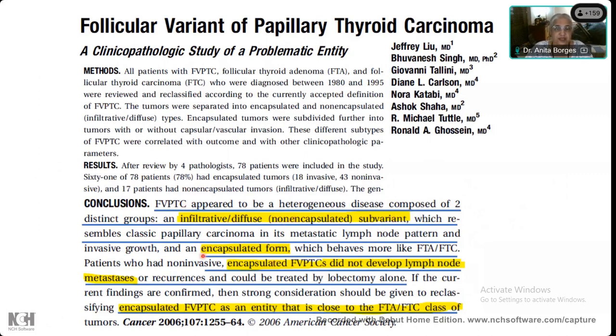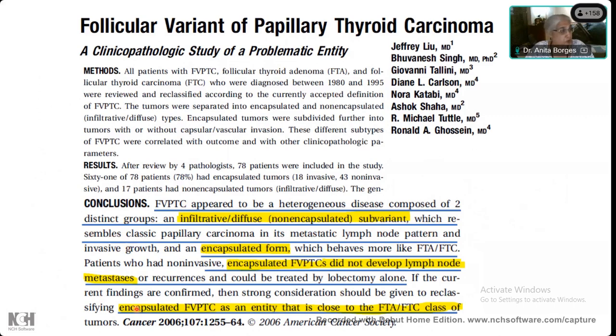The other one is an encapsulated form. And the encapsulated variants of papillary thyroid carcinoma did not develop metastasis or recurrences. The infiltrative ones behaved, they were all follicular. They were follicular variants of papillary thyroid carcinoma because they had papillary thyroid carcinoma nuclei, but they behaved like classic papillary carcinomas with metastatic lymph node patterns and invasive growth.